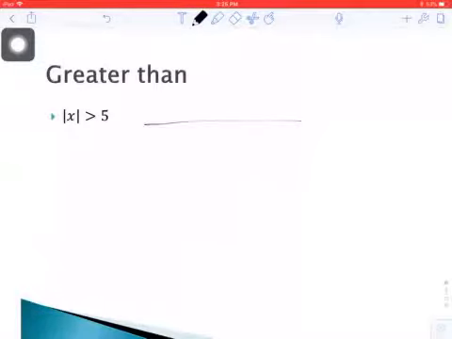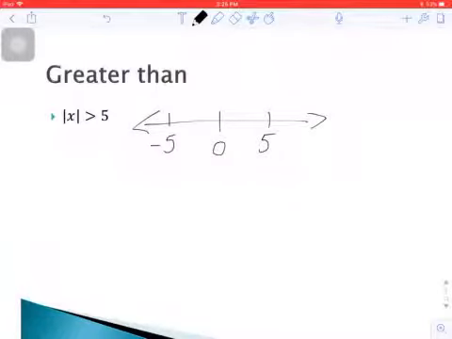So graphing this on the number line, if I put 0 in the middle, and I'll put 5 over on the right here, that's 5 units away, and then -5 over here, that's also 5 units away. I want the numbers that are further away than each one of these end numbers. So we're not going to include them because we want numbers that are just greater than, not equal to.